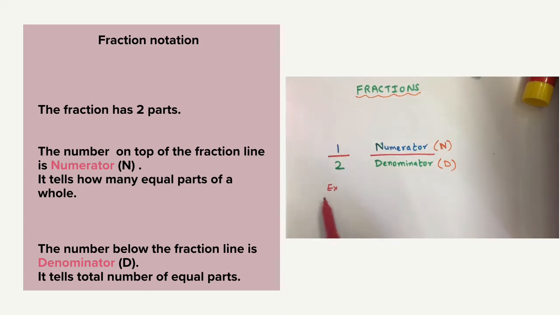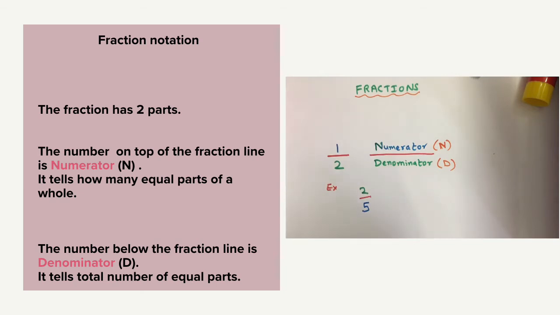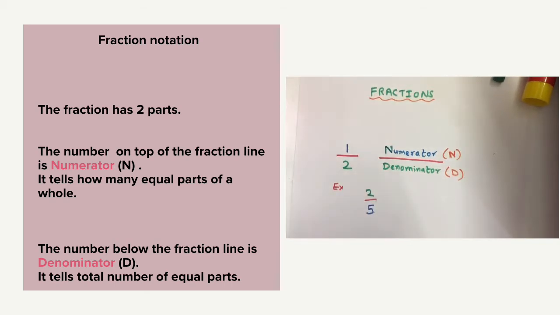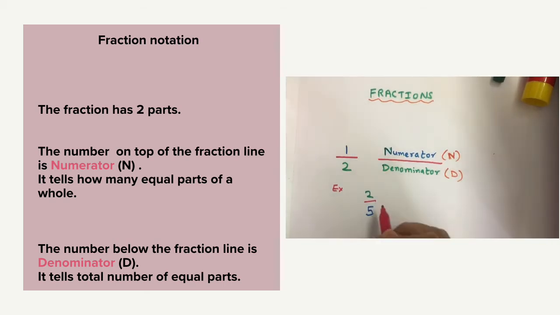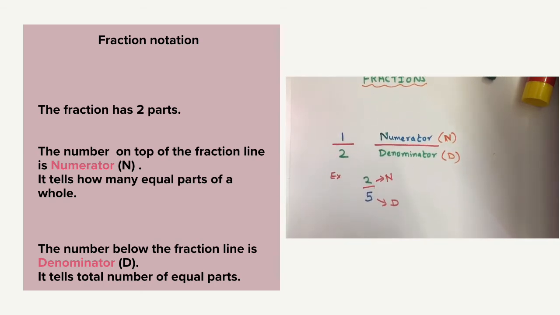For example, let us take another fraction. Say 2 by 5. So here this is the fraction line. The number on top is the numerator. The number down here is the denominator.